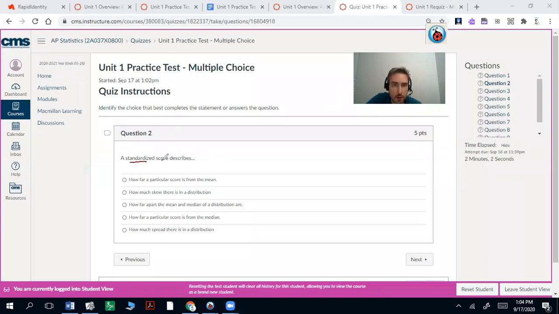A standardized score describes. A standardized score is a z-score. So a z-score is how many standard deviations above or below the mean. Mean minus 1 standard deviation. So how far a particular score is from the mean.